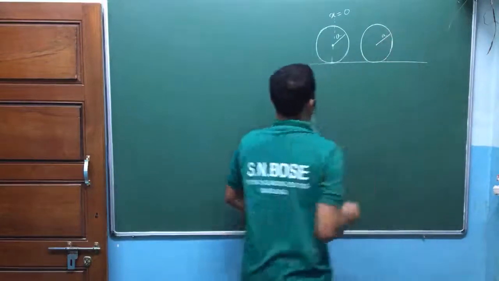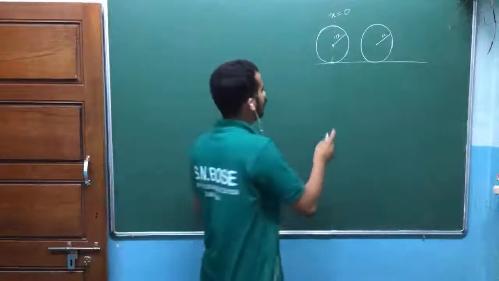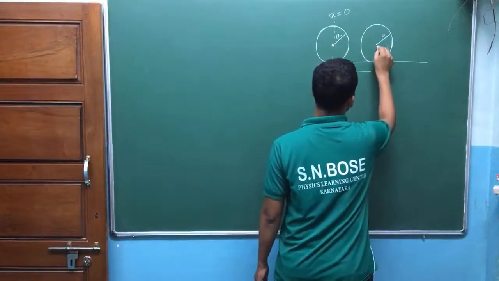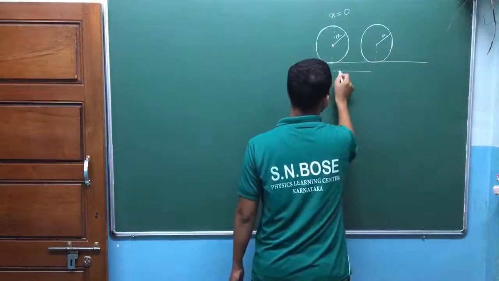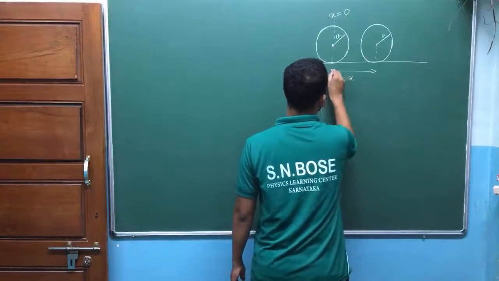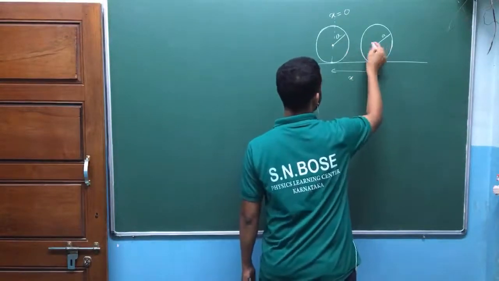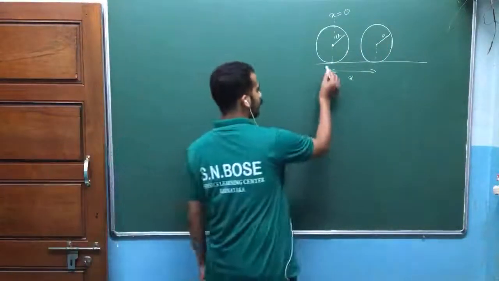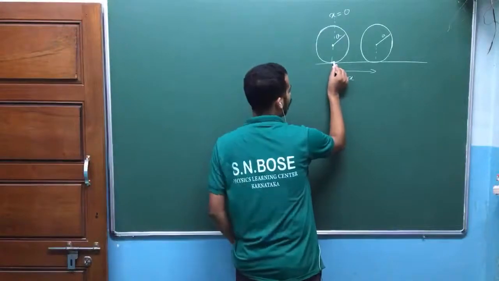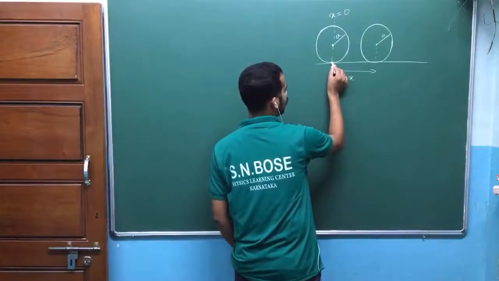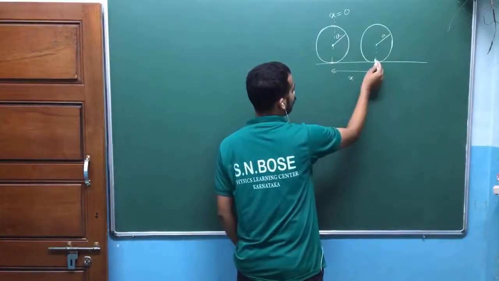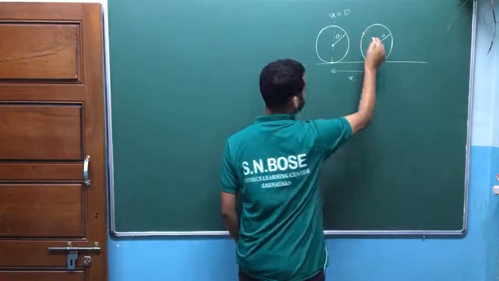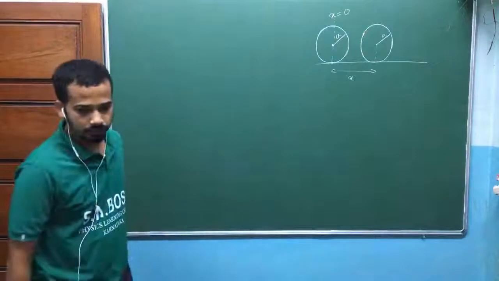So radius a again. Now when the center of mass moved by this distance, let me take that distance as x here. So when the center of mass of the sphere has moved by the distance x, if I put a red paint on the surface of the sphere, then this red point might have moved somewhere here, isn't it?